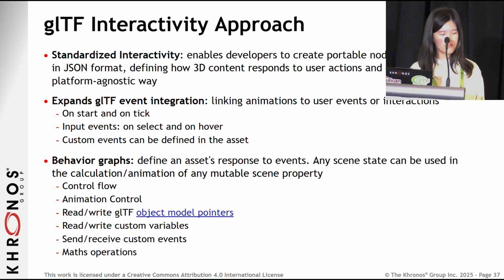You can send and receive custom events. This allows you to reuse part of the graph and create something like a function in the glTF interactivity. There are common math operations directly supported, trigonometry, quaternion operations. The common operations are supported.